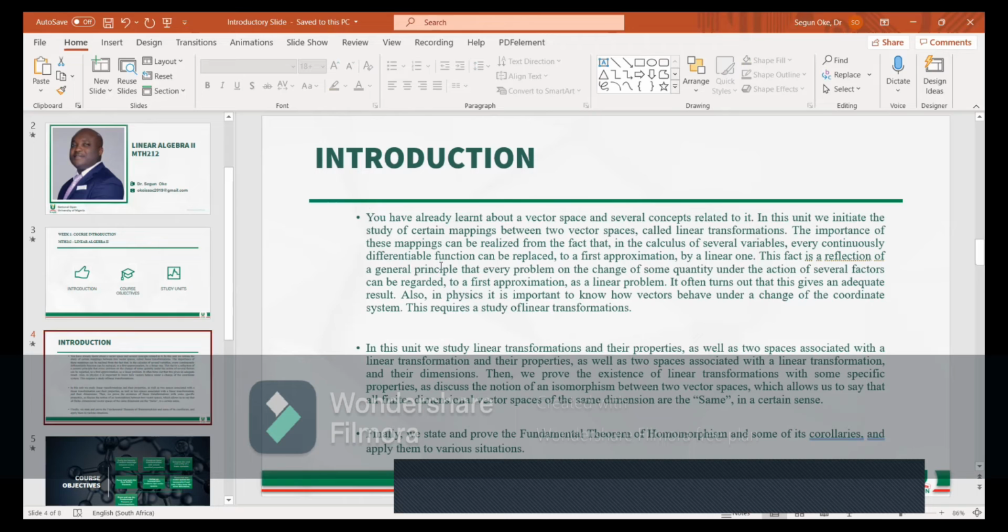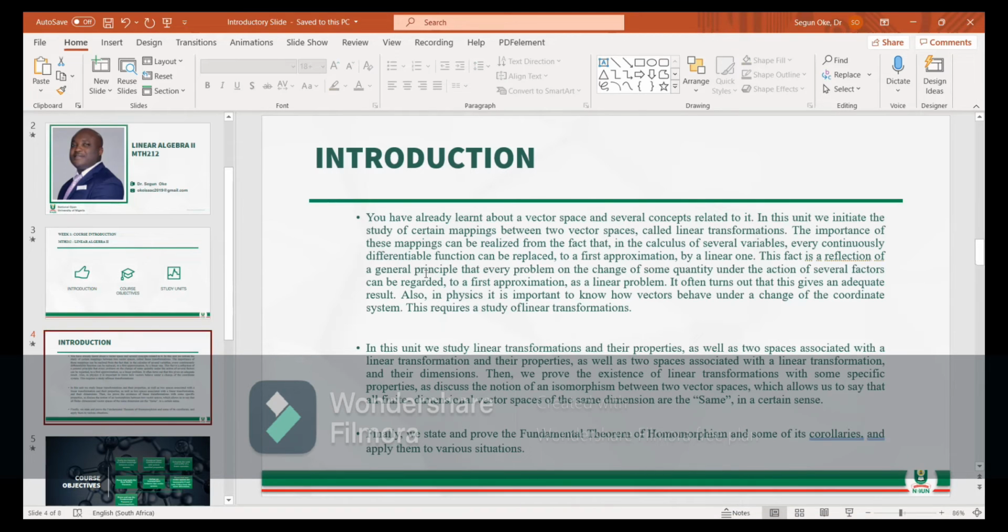In the introduction to this unit, I will be explaining what it means to have a mapping between two vector spaces, called a linear transformation.